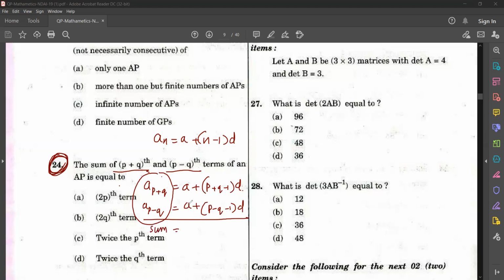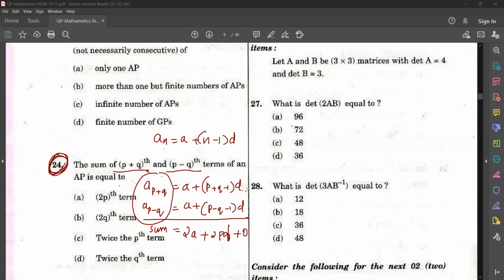So sum is equal to 2a plus, open these brackets, you will get pd plus pd. So 2pd will be there, isn't it? pd will be there 2 times. So 2pd plus qd minus qd. qd and minus qd will go, so 0.